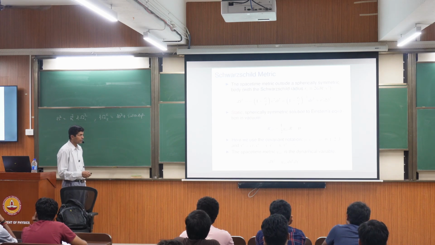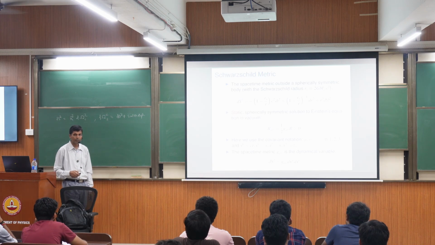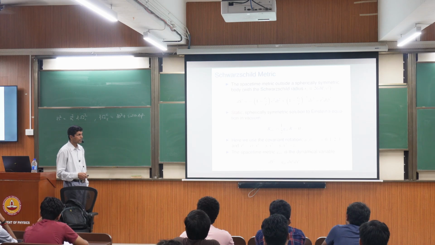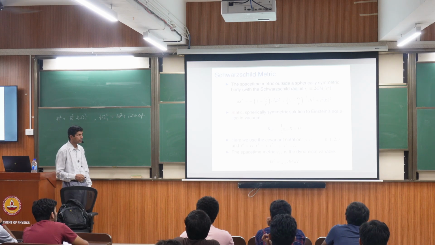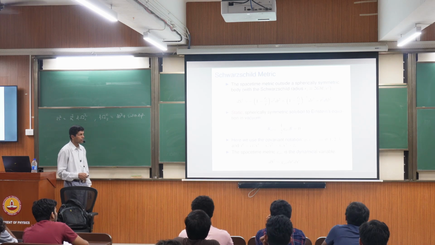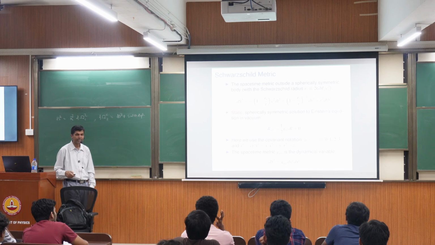As a byproduct, it so happens that this solution becomes static. A static solution is one where the metric is independent of time. You can see that the metric does not contain the time coordinate, but that's not enough for it to be static. Whenever the metric is independent of time, it's called a stationary space.